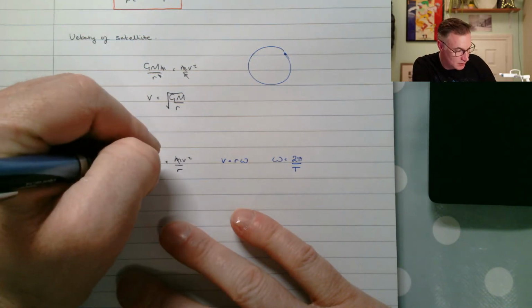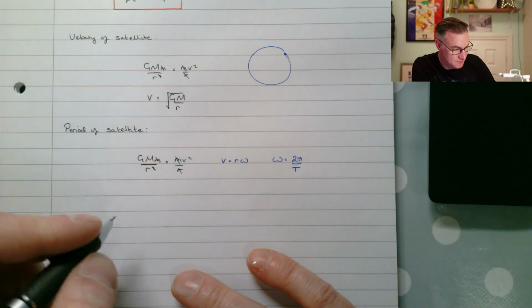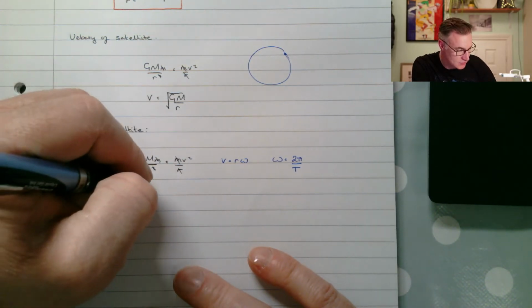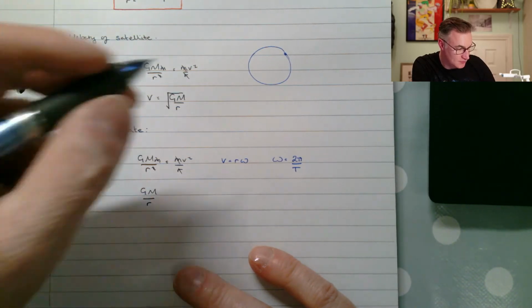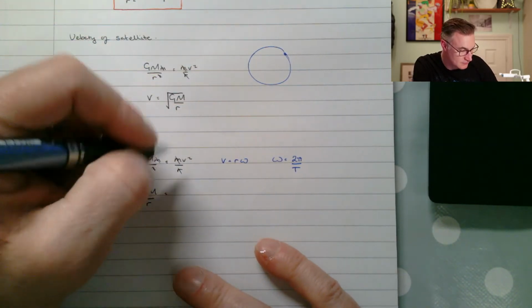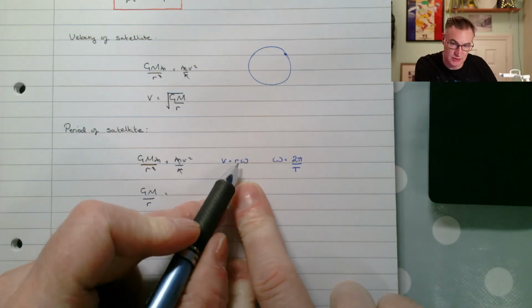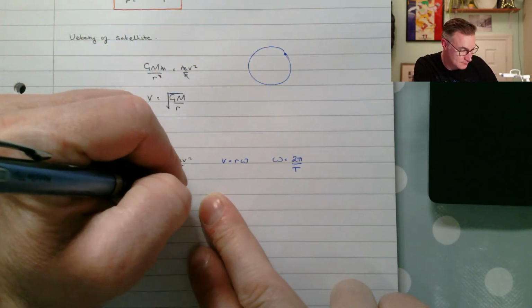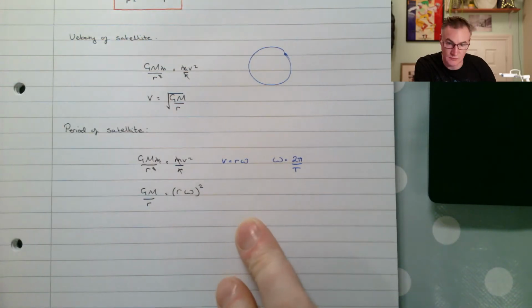Again, we can cut out the masses, get rid of this and this. And so we're left with GM over R, and that's going to equal V squared, but in this case we're going to substitute R omega, all squared.